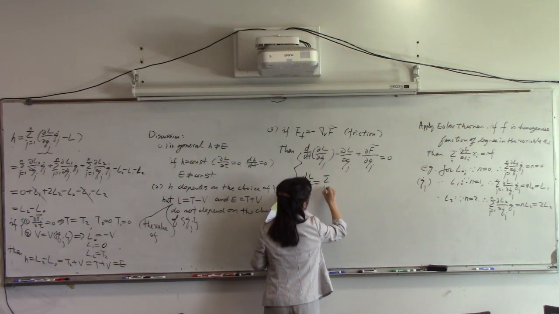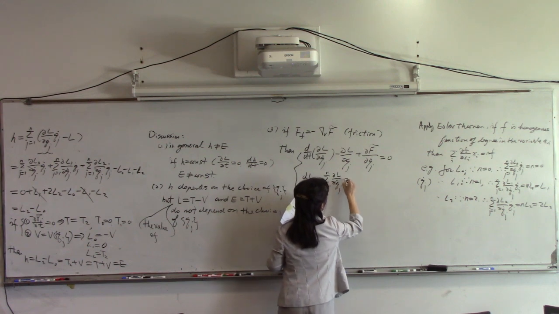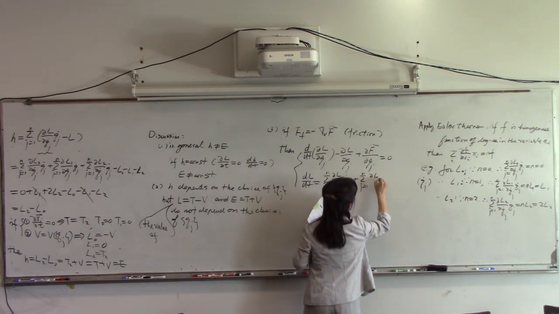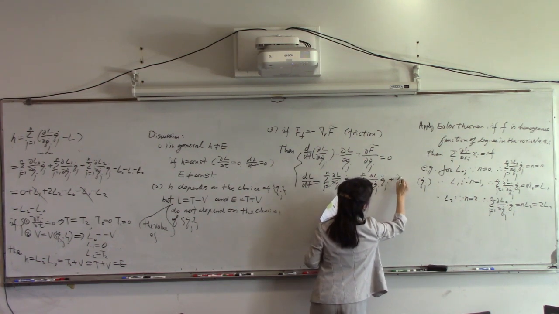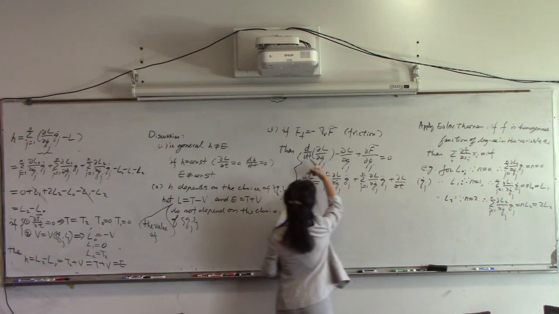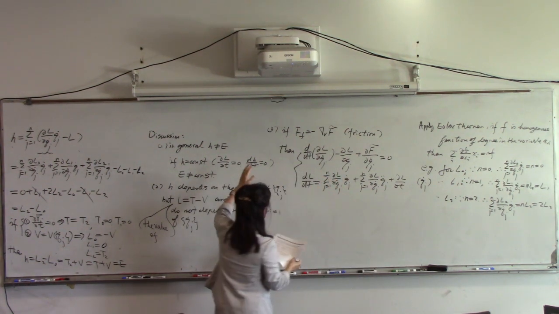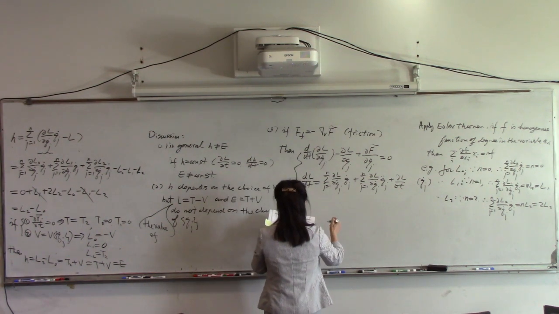We have partial L over partial q_j times q_j dot, plus partial L over partial q_j dot times q_j double dot, plus partial L over partial t. Adding these together, we do the same thing, and now I just give you the final result.